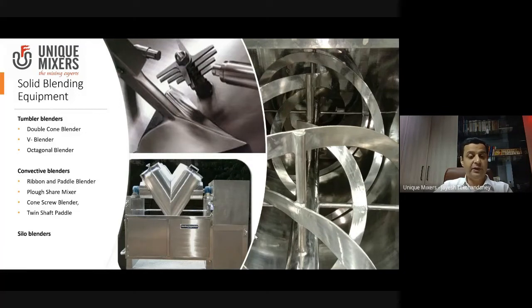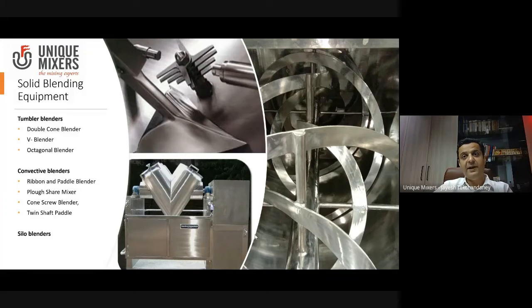Okay. So the ribbon and the paddle blender, these are commonly used convective blenders in the chemical, food, pharmaceutical industry. You have a plowshare mixer. Now a plowshare mixer in some ways is a convective blender, but it also belongs to the family of blenders which work on the principle of fluidization.